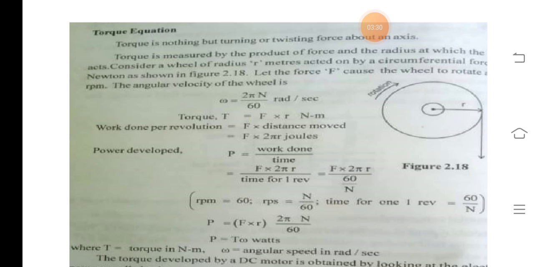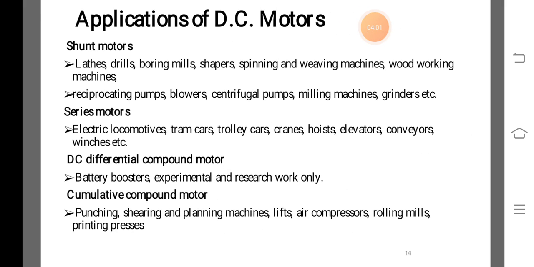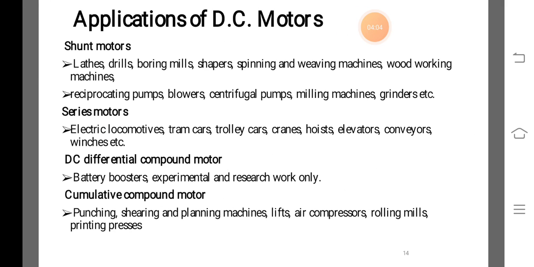This speed in RPS could be calculated as N by 60, so time for 1 revolution is 60 by N. You replace this 60 by N across that R value: P equals F into R into 2 pi N by 60. So we get P equals T omega, in watts. This is the torque equation of a DC motor.